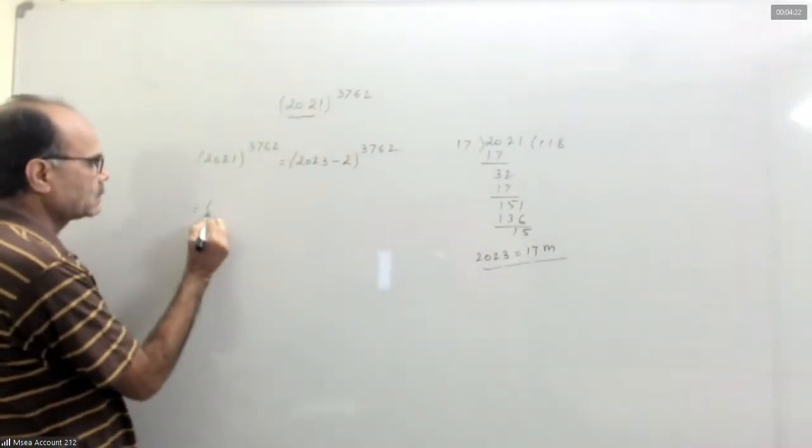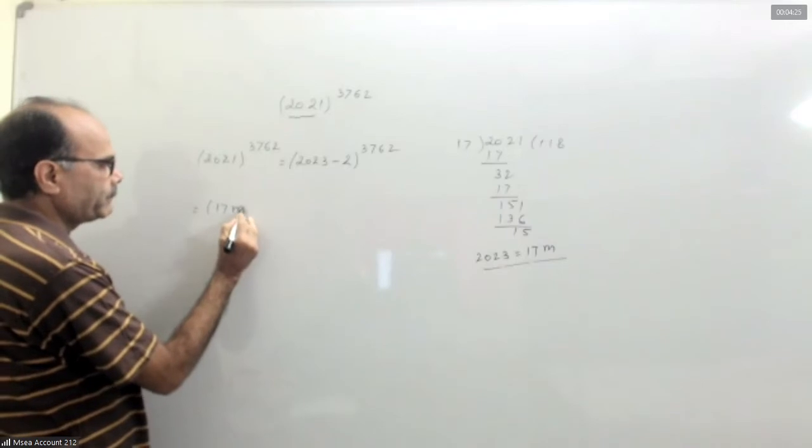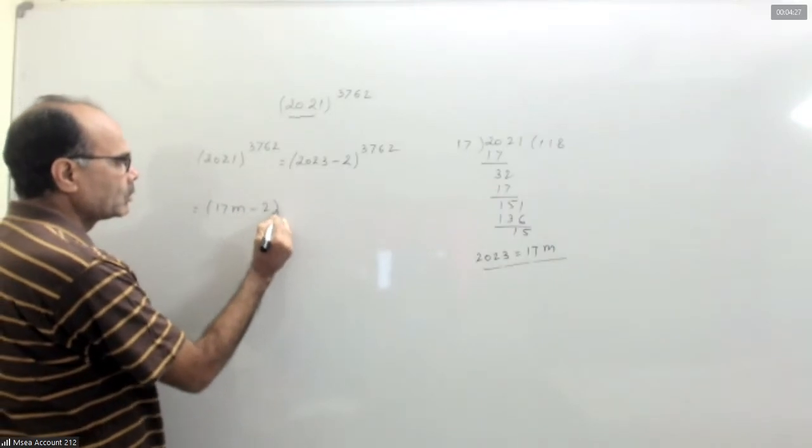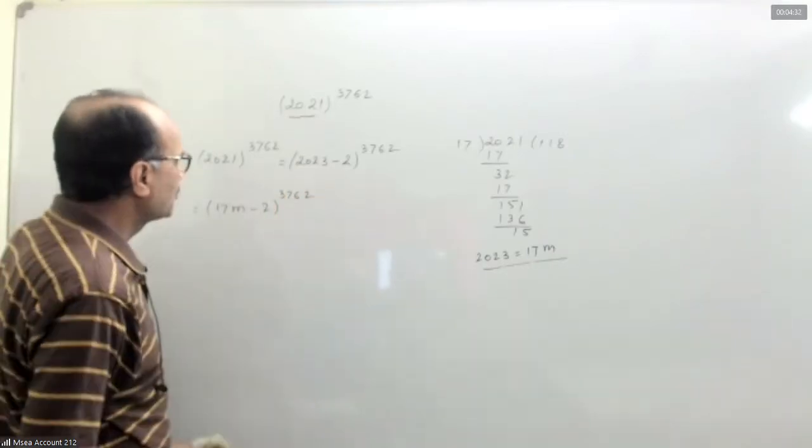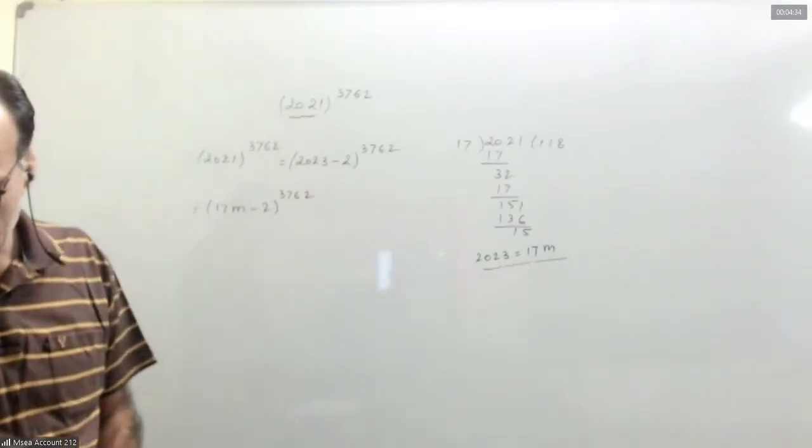Is equal to (17m minus 2) to the power 3762. Okay, the power is even.